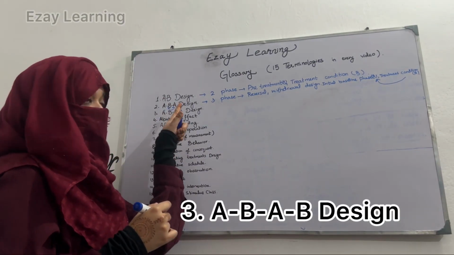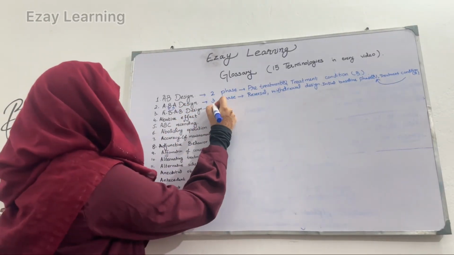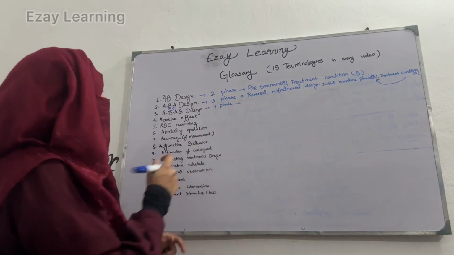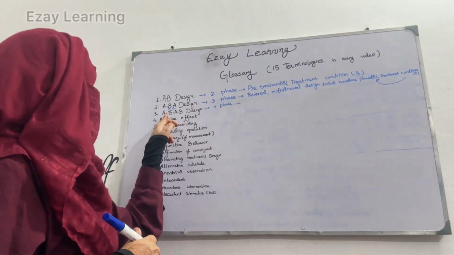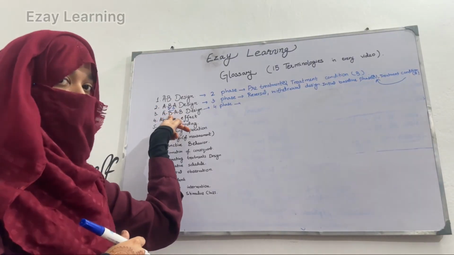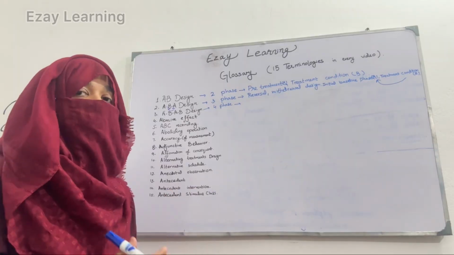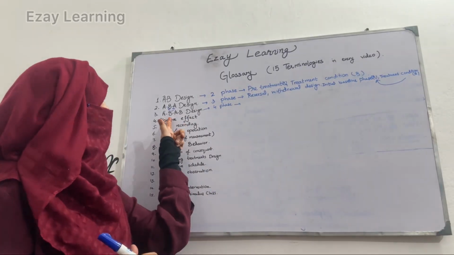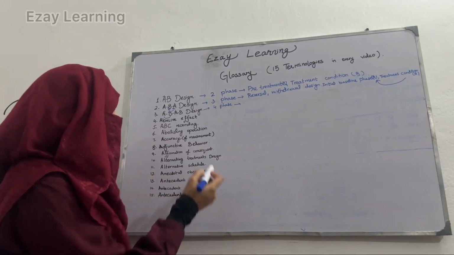Now ABAB, again this one is a four-phase design. It is also called a reversal or withdrawal design: initial baseline, treatment, treatment removed, and then the result. Now B here is the second intervention phase, just to see if we got the result from the first B, are we going to get it again?